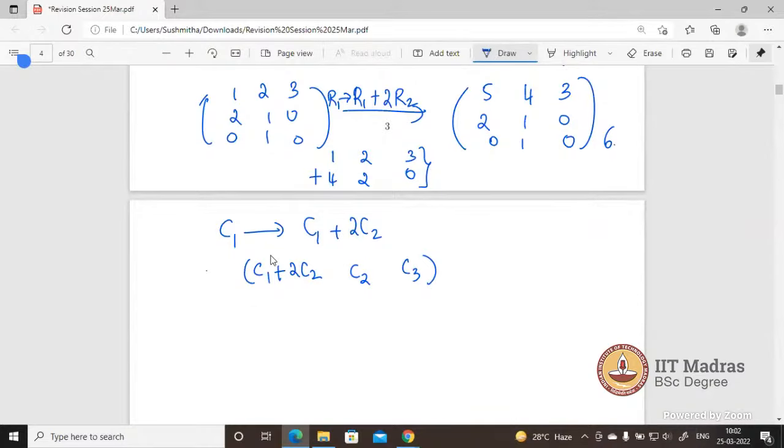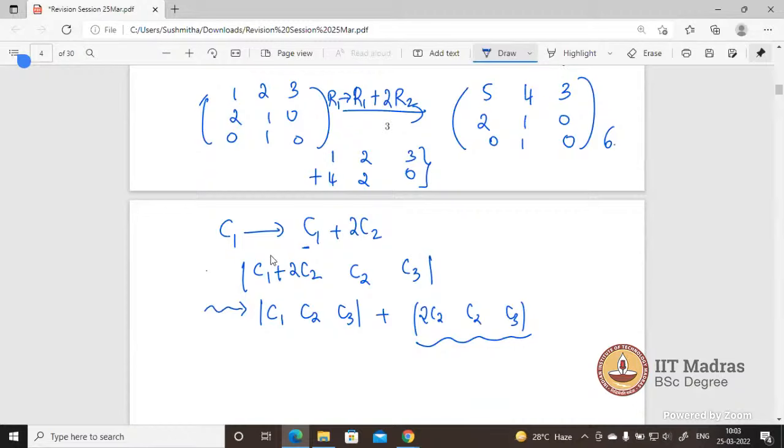So the determinant of this matrix can be written as the determinant of this matrix, with columns C1, 2 C2, C2, C3. What is the determinant of this matrix? That will be 0, because I have a column which is a scalar multiple of the other.